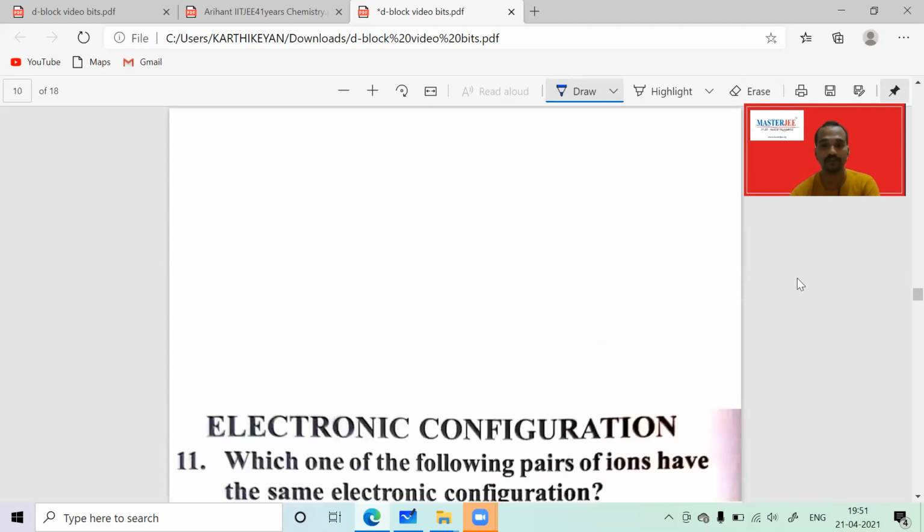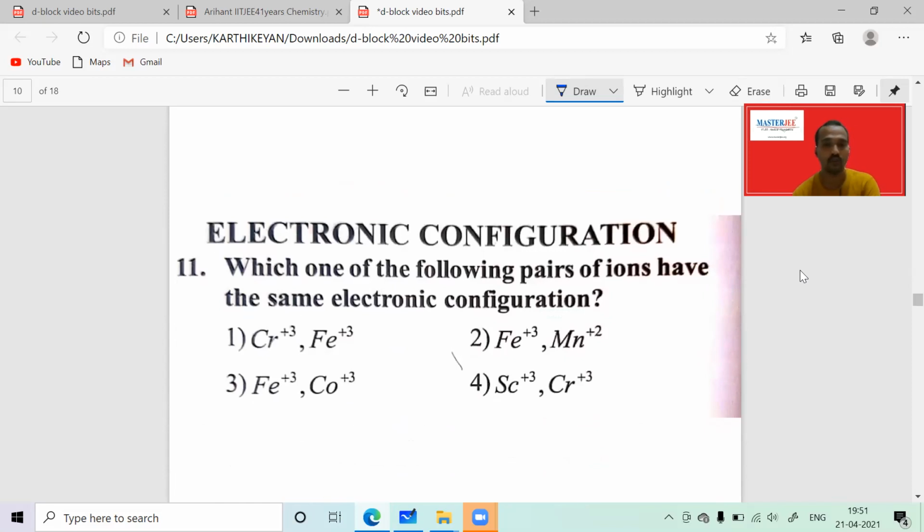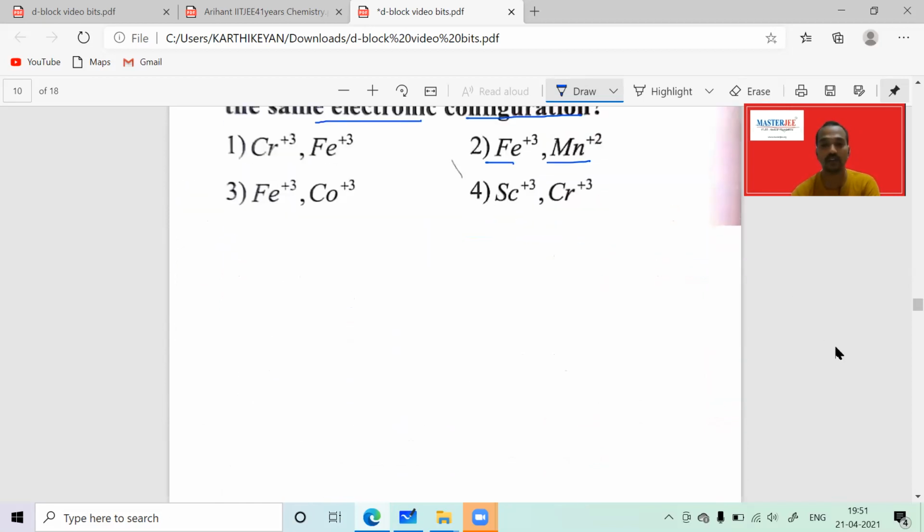Next, coming to electronic configuration. Which one of the following pairs of ions have the same electronic configuration? Fe+3 and Mn+2 have the same electronic configuration. How can you say this? Iron's atomic number is 26, and its electronic configuration is 1s2, 2s2, 2p6, 3s2, 3p6, 3d6, 4s2.